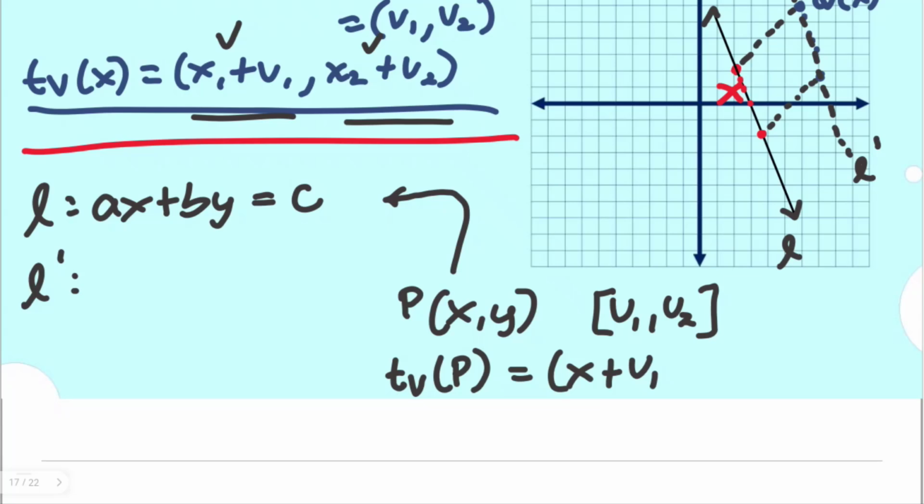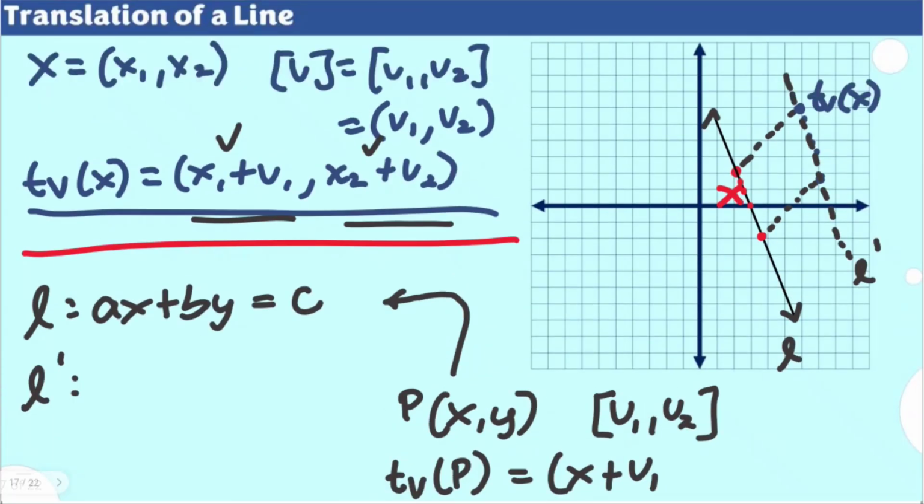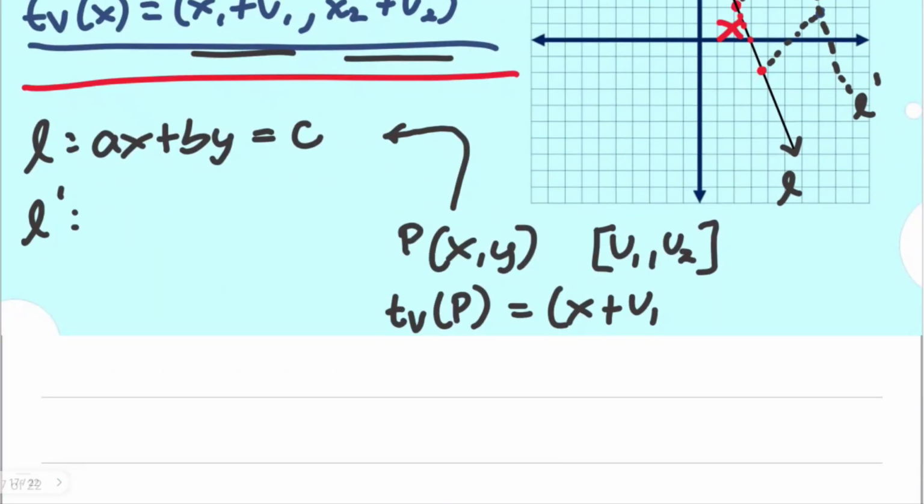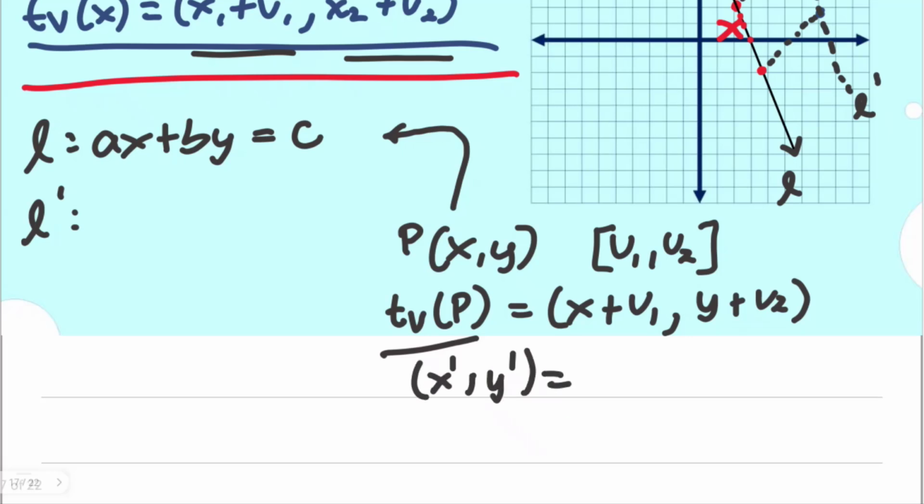This is generalizing it, not just for x sub 1 and x sub 2. Take note that the translated point is also a point, so we can call it x prime, y prime. This is equal to x plus v sub 1, and y plus v sub 2.